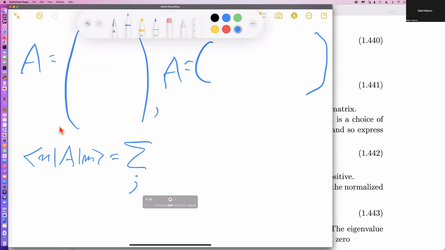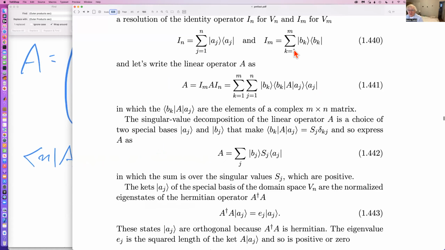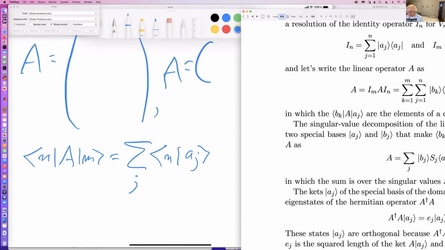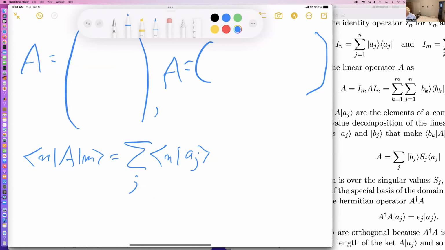Yeah, I'm sorry. N, A J. Actually, I need to look at what I'm copying. So let me just do it like that. Actually, those were called BJs, weren't they? So let me rewrite this as a BJ. And then SJ. And then this was AJM.